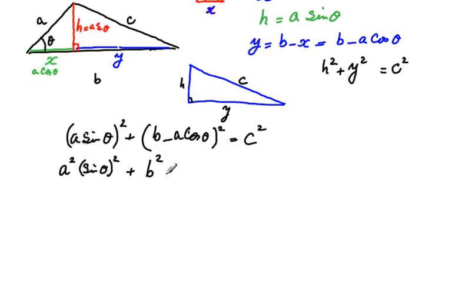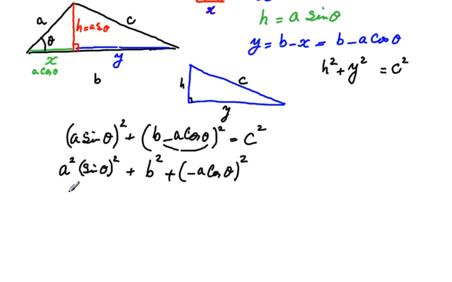Now you help me out with the next item. What's the next item? Minus a squared. Is that all? Well, this is the whole thing: minus a cosine of theta, squared.